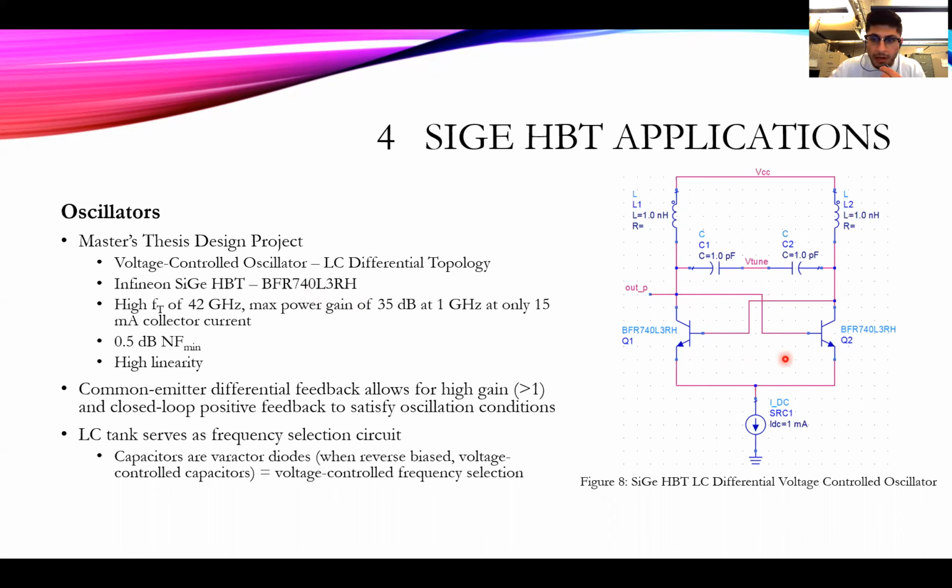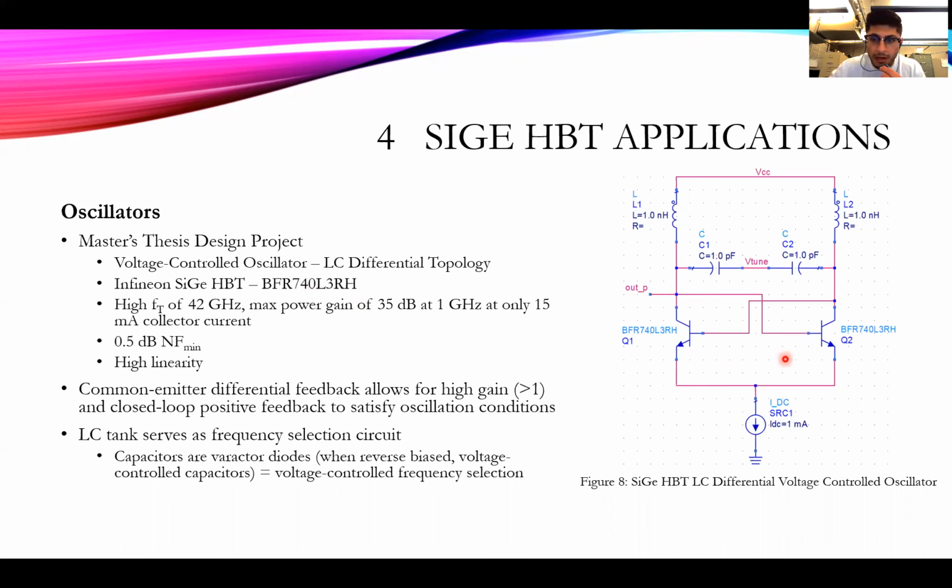And since it's two common emitter type amplifiers, if we bias them properly with the super high transition frequency and max power gain of our handy dandy SiGe HBTs, we'll be able to achieve a gain greater than 1. And as we know, a gain greater than 1 with integer multiples of 2 pi phase in the closed loop is our necessary oscillation condition.